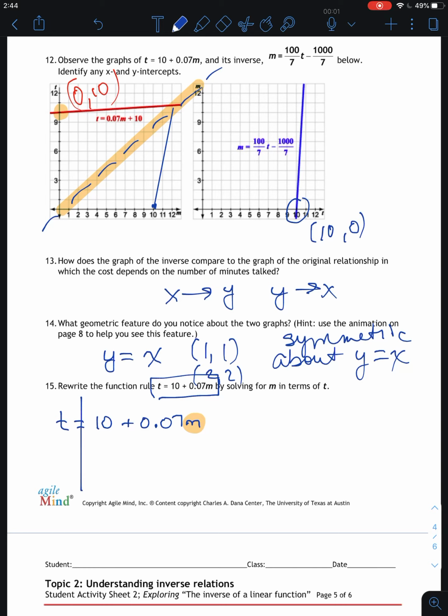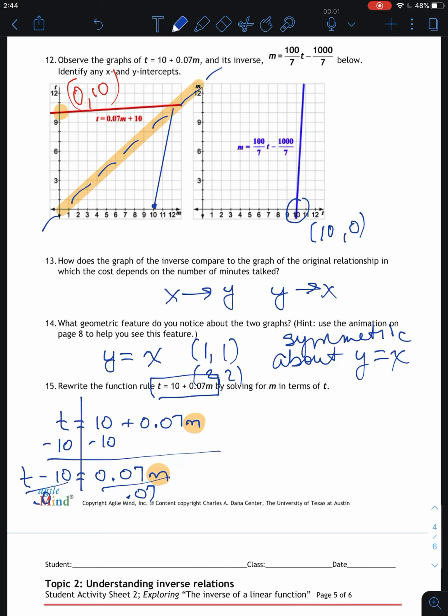In order to solve for m, I'm going to subtract 10 from both sides. And then I'm continuing to try to solve for m. So I'm going to divide both sides by 0.07.